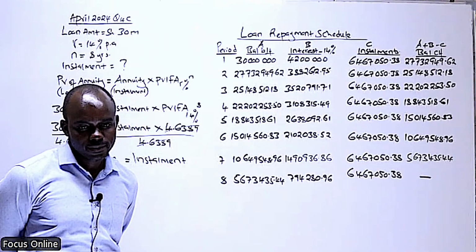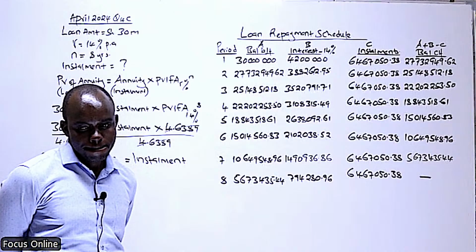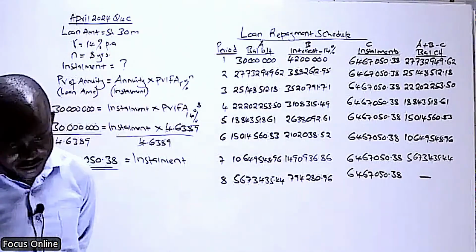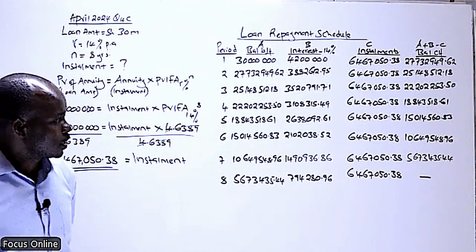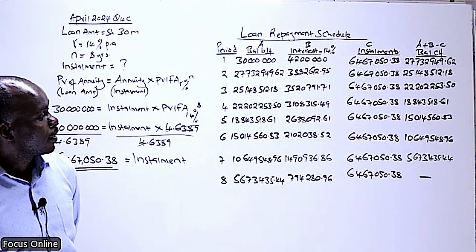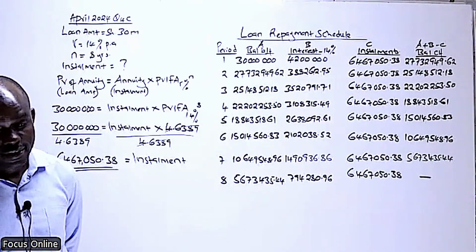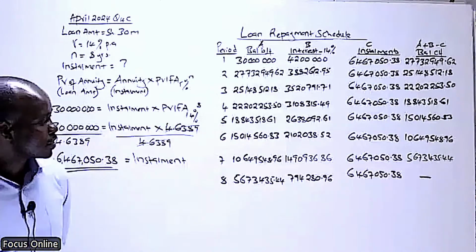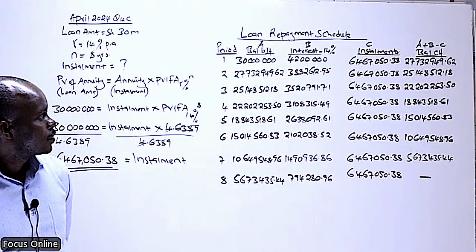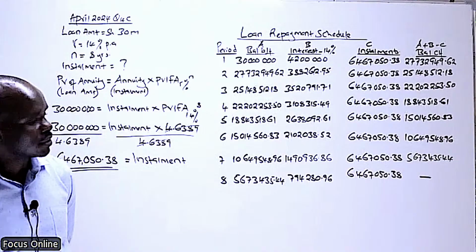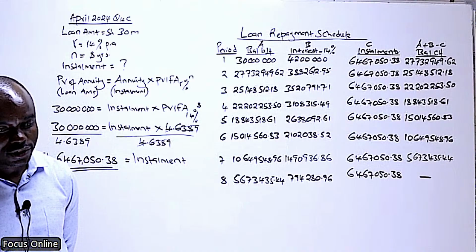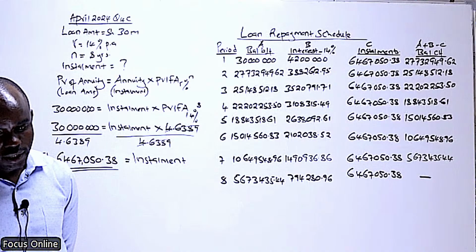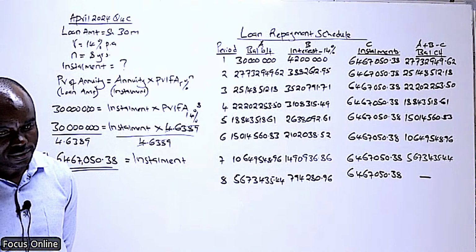Any question? Yes, Alan, I'm getting the same, a balance of 666, which should be attributed to the rounding off effect. So the bank will know how to recover the 666. But that is what a loan repayment schedule, or loan amortization schedule, looks like. Any question?